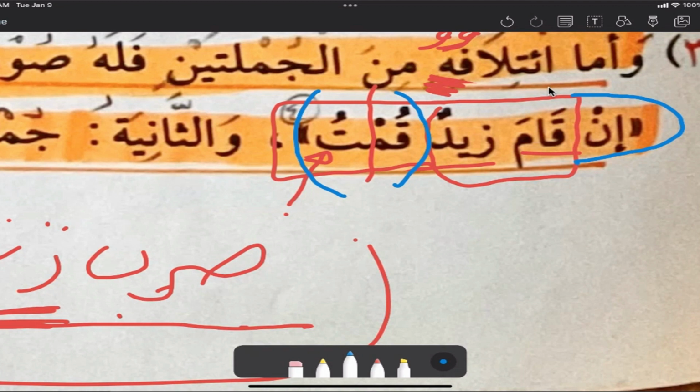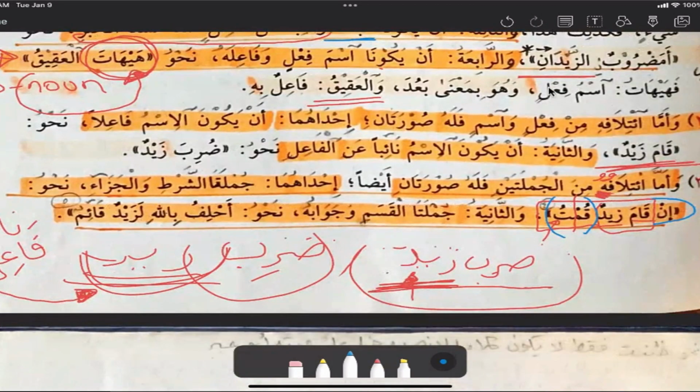So jumla in Arabic sometimes is going to mean clause, and sometimes it's going to mean sentence. وَالثَّانِيَةُ جُمْلَةَ الْقَسَمِ وَجَوَابُهُ, and the second scenario of two clauses that make speech together, that's the case of the swearing clause. I don't know what you might call that.